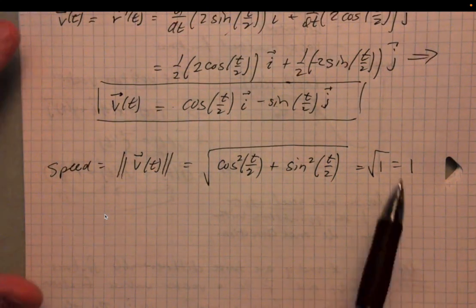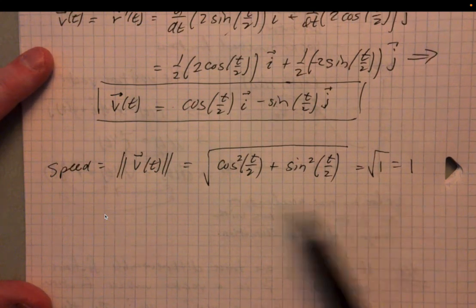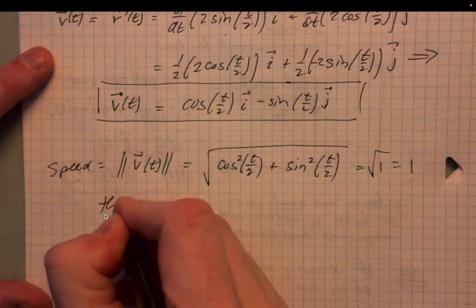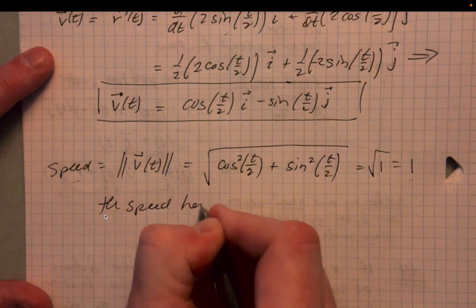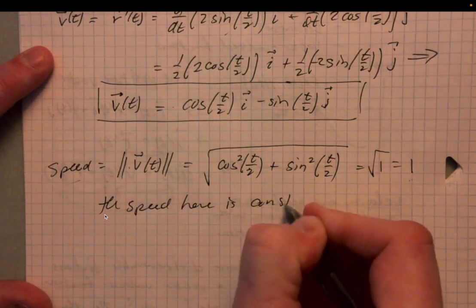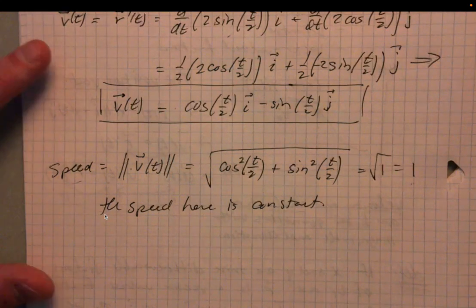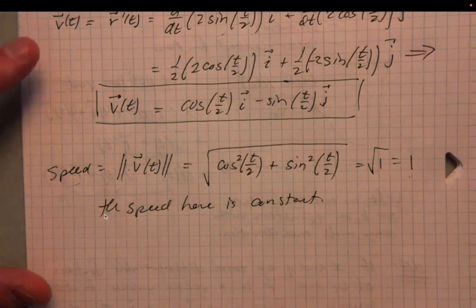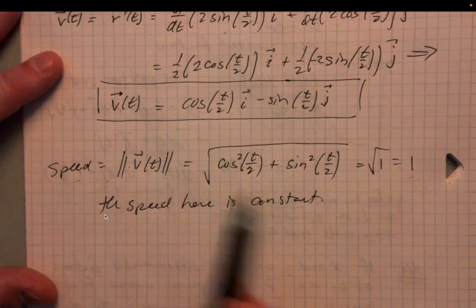And so what you can see here is that in this particular example, the speed is constant. Normally you'd want to think of this as a function of t. The speed could presumably change at various values of t, but in this case there is no t.